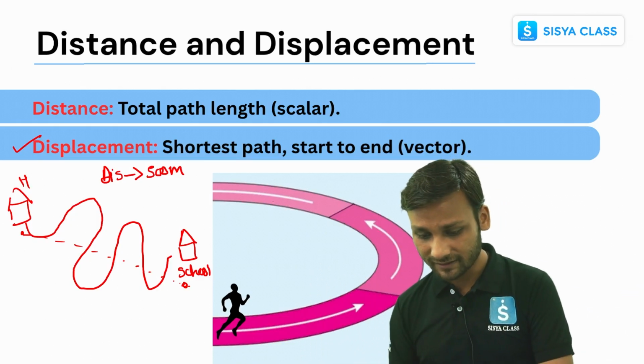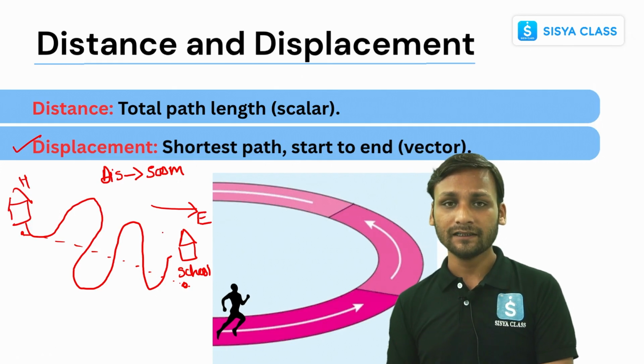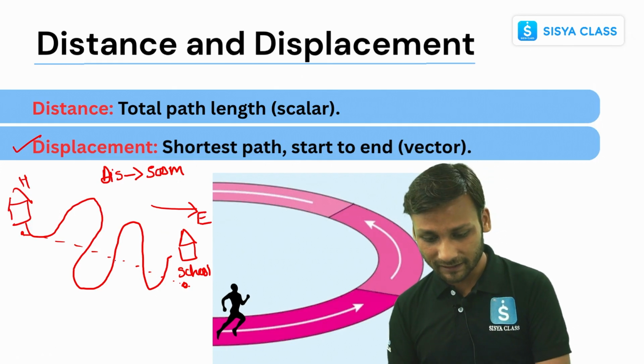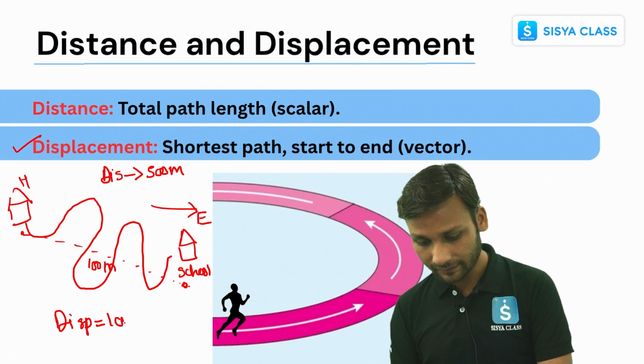For example, if I say this particular direction is east, right? So here your displacement will be, let's say the shortest path has a length of 100 meters. So your displacement here will be 100 meters towards east, correct?